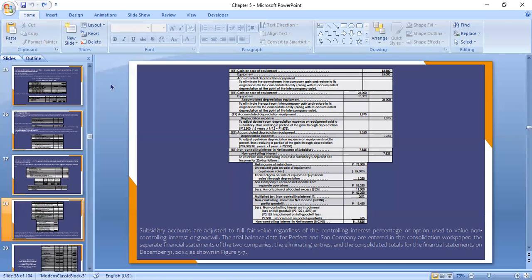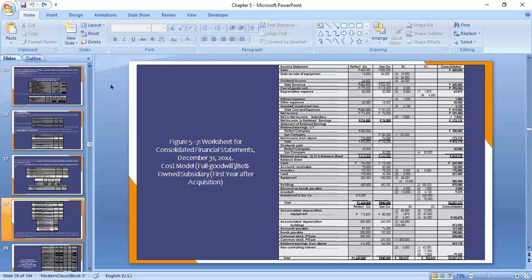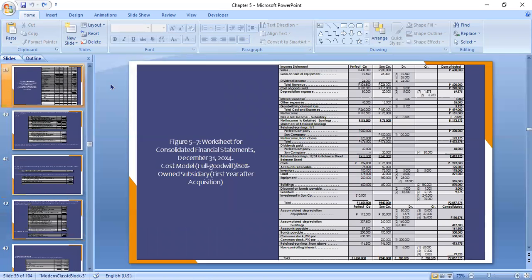So we have now the non-controlling interest in net income of 7,825.